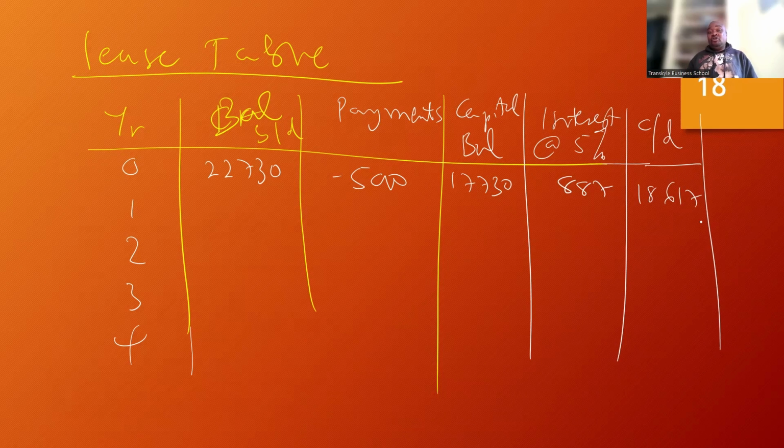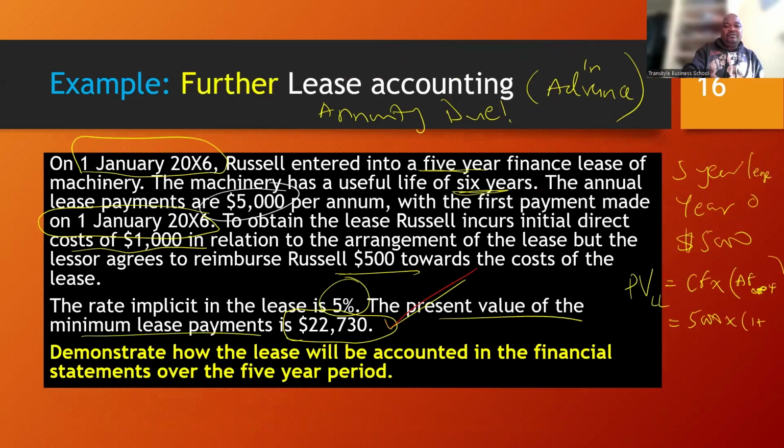Obviously, when I say year zero, one would ask, can we have year zero in our books? No, we don't have a year zero. Year zero simply means the current year, but the lease payments are being made at the start of the lease. So is it 2x1, the year under review? No, it's 2x6.